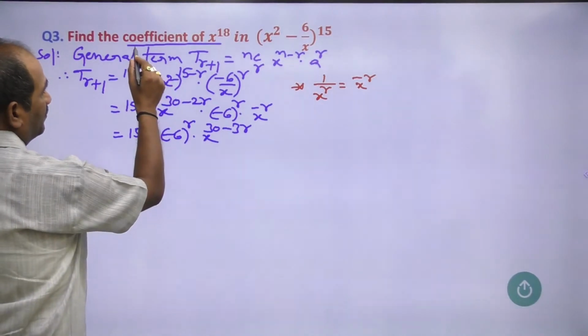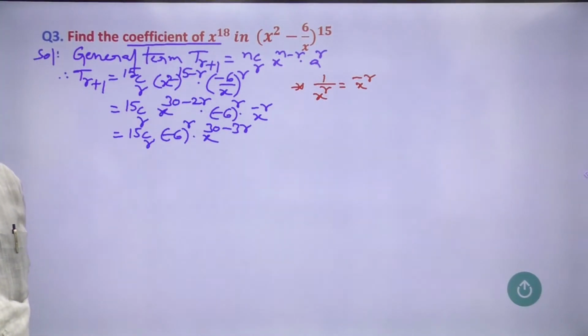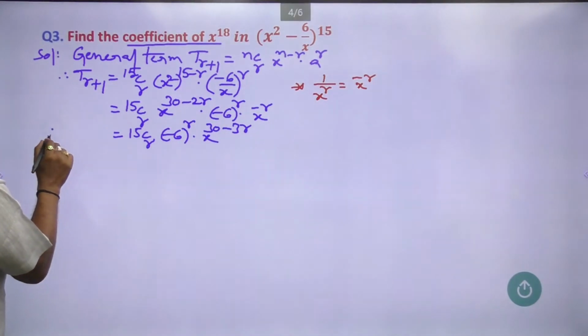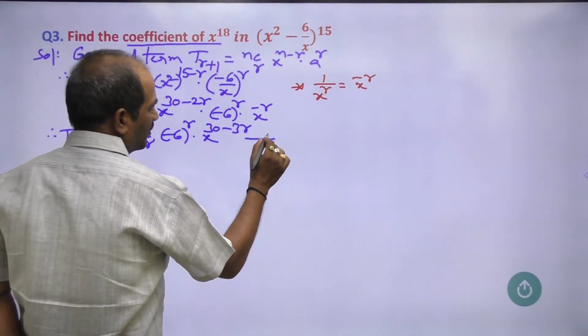Next, find the coefficient of x^18. So here, to find it, therefore T(r+1) is equal to this value. That is equation number 1.